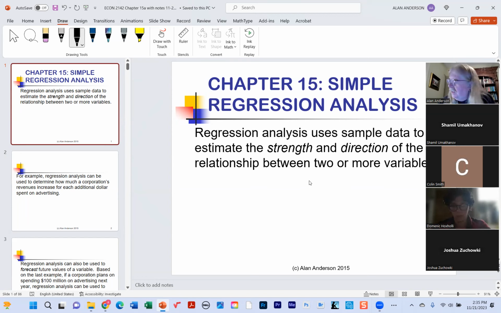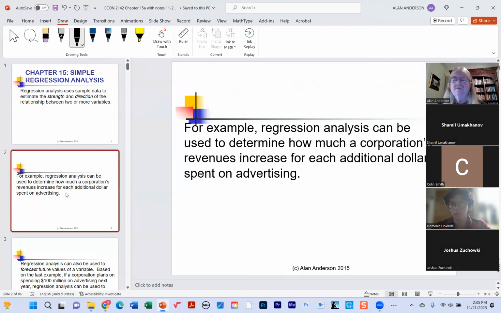So anyway, in the meantime, what are we doing here? Well, in a nutshell, with regression analysis, what we're trying to do is estimate the numerical relationship between two or more variables. That's all we're doing. And so, for example, imagine yourself working in a marketing firm, and the corporation wants to know how much their spending on advertising is contributing to their revenues.